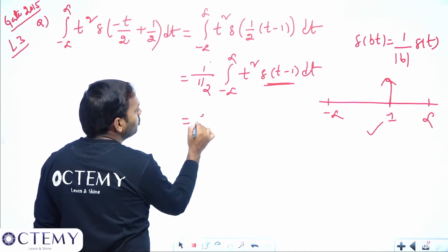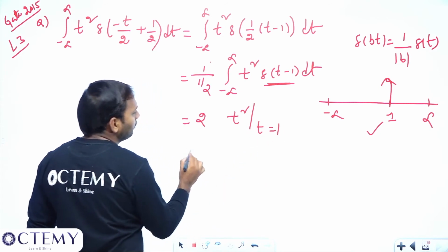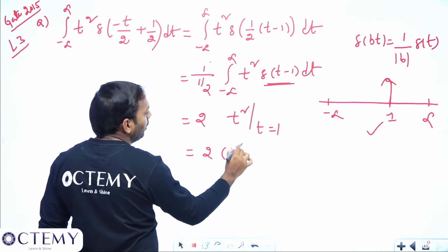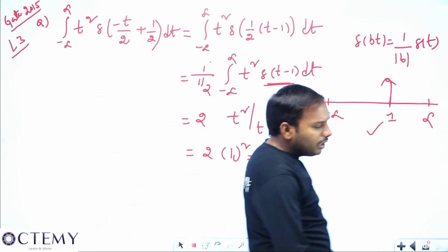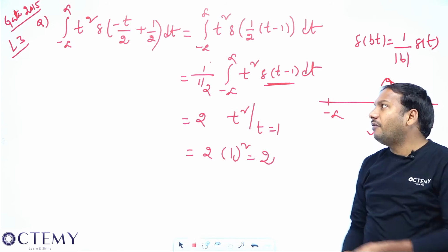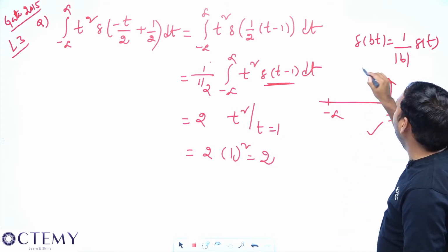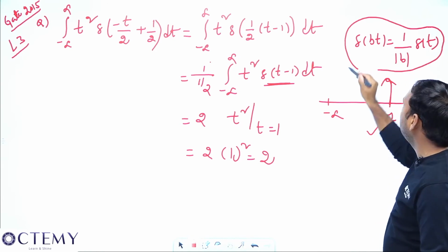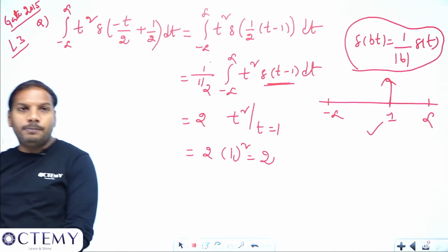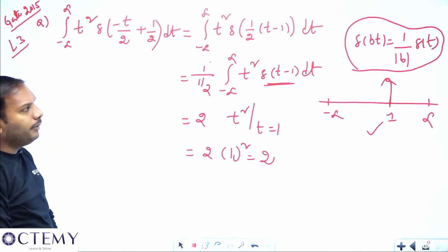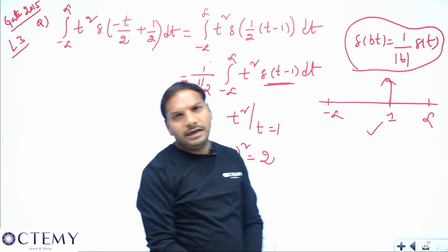Directly the answer is 2 t square function, exactly t you have to substitute as 1. So 2 into 1 square. So the answer directly you are getting it as 2. So here the important idea is finally to apply this property, very important. This is the time scaling property of the impulse function. That is del of bt is equal to 1 by mod b del of t. So that is the idea.